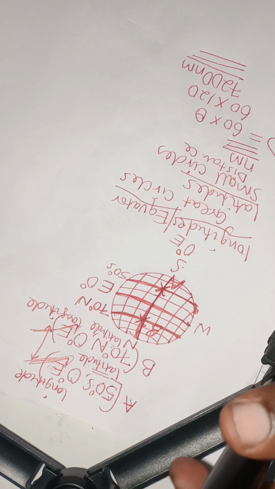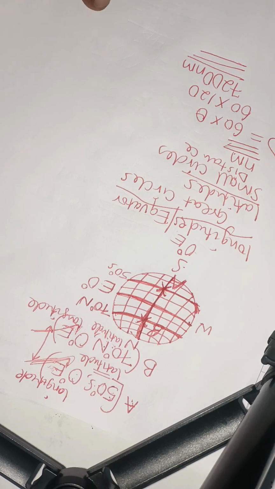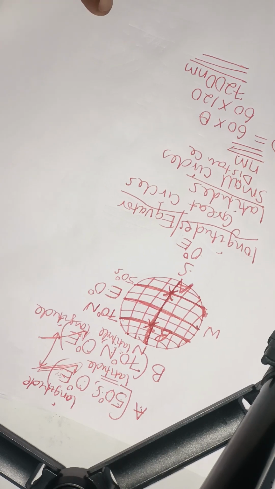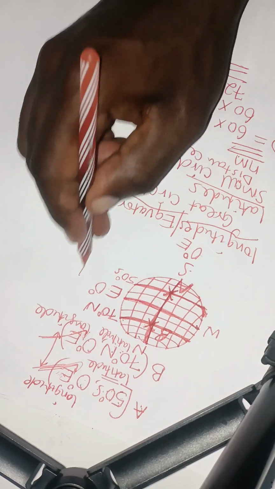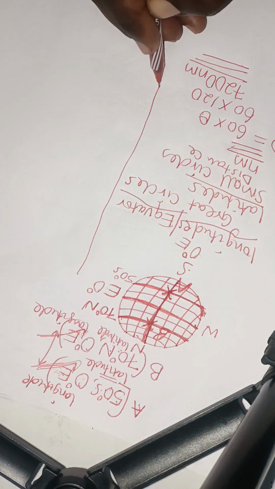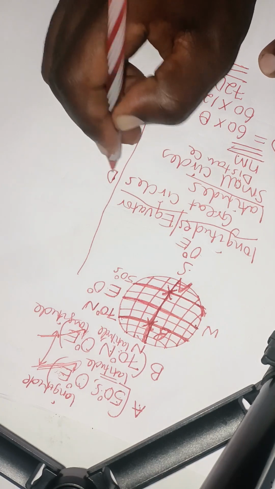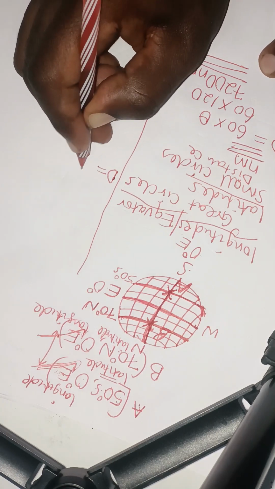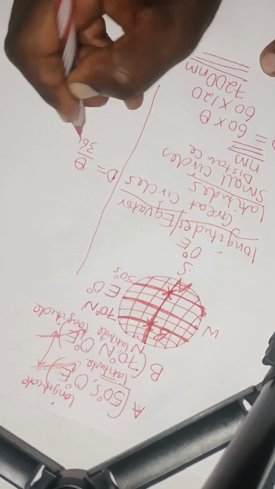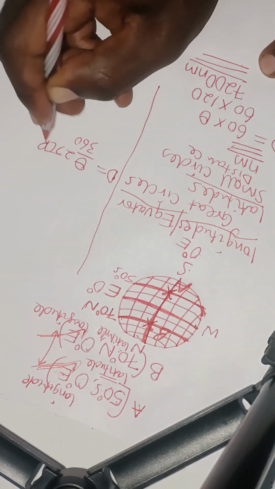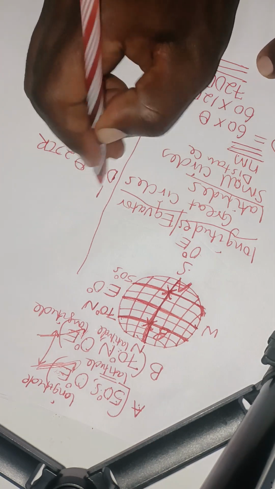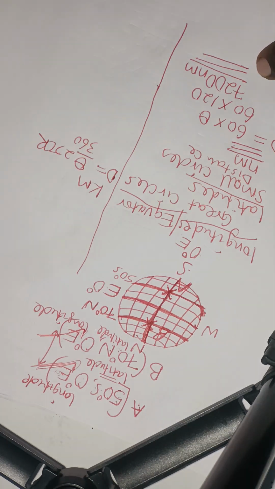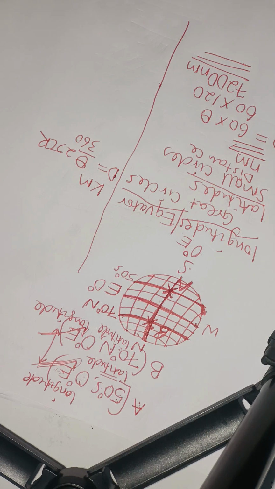Now, someone can ask you to get the distance in kilometers as well between the 2 points. What do you do? The distance in kilometers will be worked out as follows. You shall say D is equal to theta over 360 times 2 pi r, if the question asks us to get the distance in kilometers between 2 points lying on a great circle or on the same longitude.